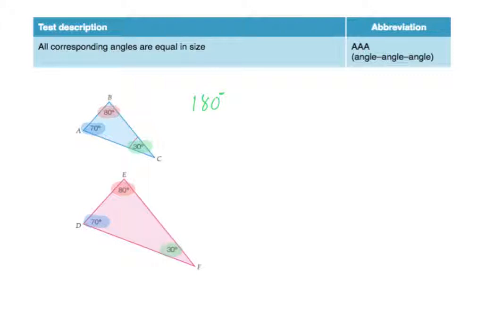So I can use angle, angle, angle, even if I only know they've got 2 corresponding angles that are the same. I don't need to know all 3, but if you're writing a proof and you're using angle, angle, angle, and you can prove all 3, please use all 3 in your proof.